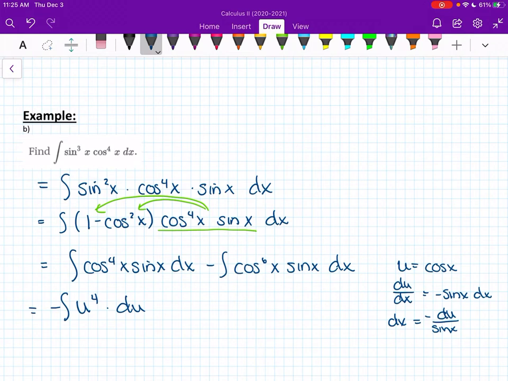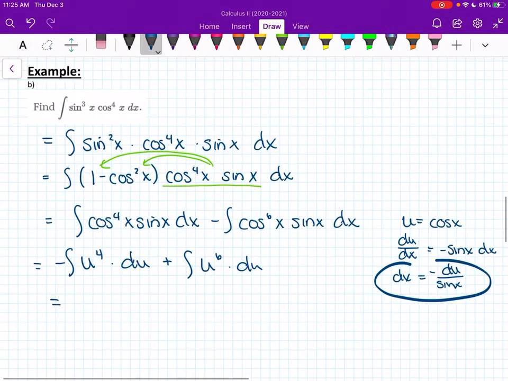I just substituted in my dx, canceled the sine, and there's a negative left over. My other integral is minus u to the sixth, and the same thing happens here. My dx changes into a du over negative sine of x, so I have a negative here. I'm going to change that to a positive since I have a negative and a negative.